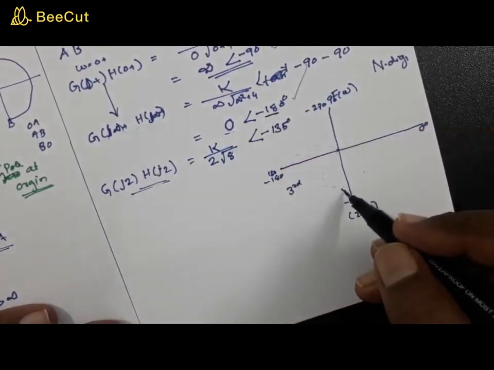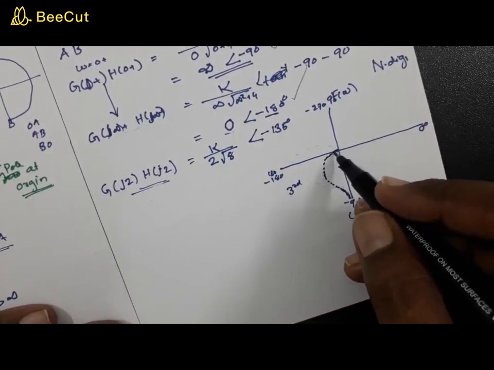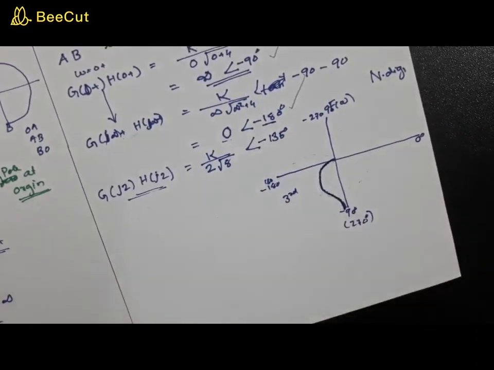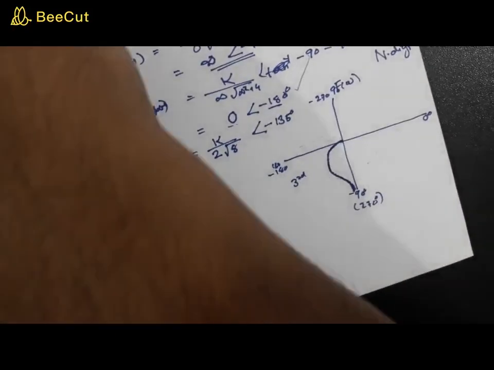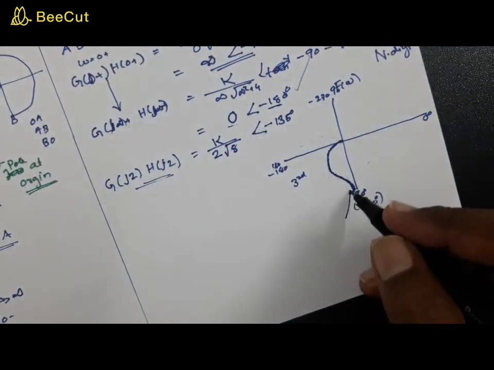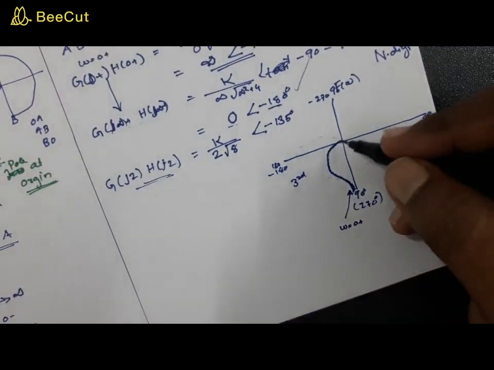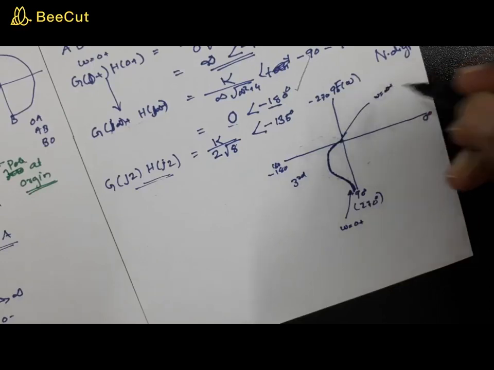So this plot should remain in this direction. So you can plot that by a hard line. This is the point corresponding to the line segment AB. That is, this is the point when we mapped omega equal to 0 plus, and this is the point when we plotted omega equal to infinity plus.